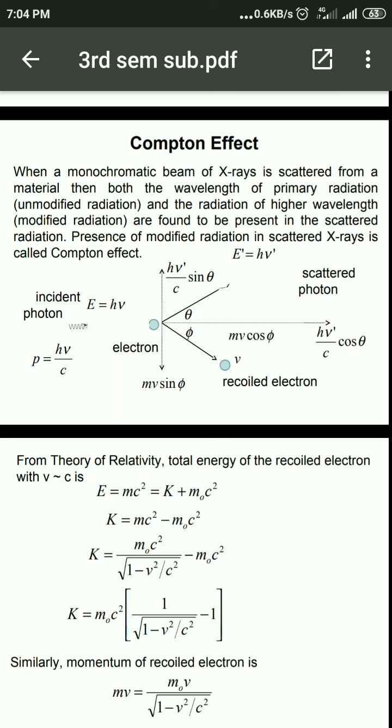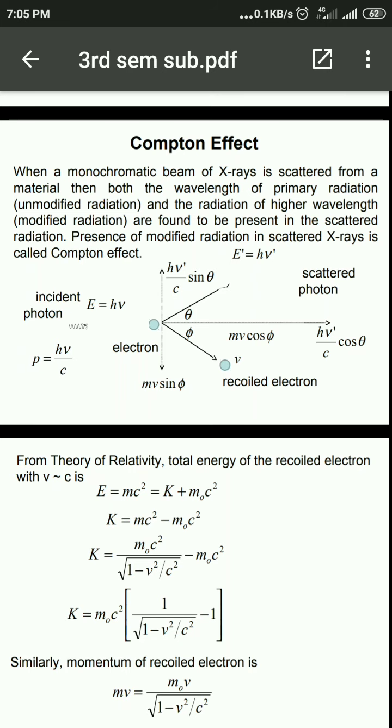Okay, so let us consider an X-ray beam which is incident on an electron. Let us consider h nu is incident on the electron. The light beam or X-ray beam has radiation frequency nu, energy h nu. It is incident on an electron, and after scattering it changes its frequency.